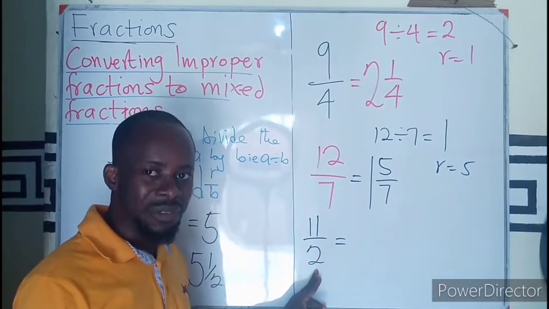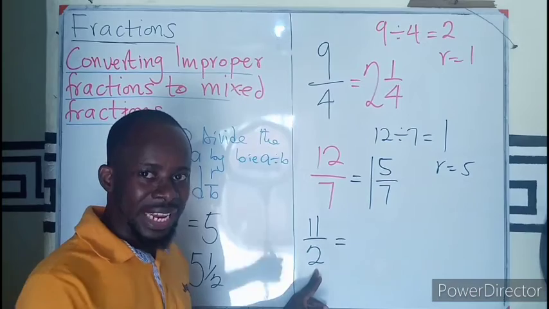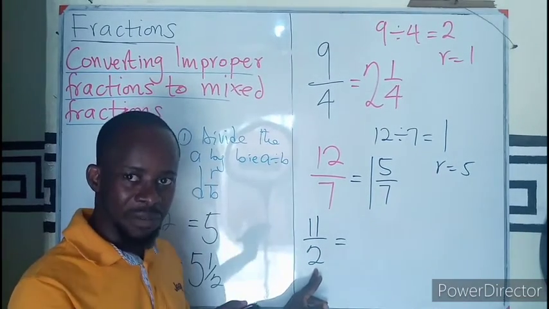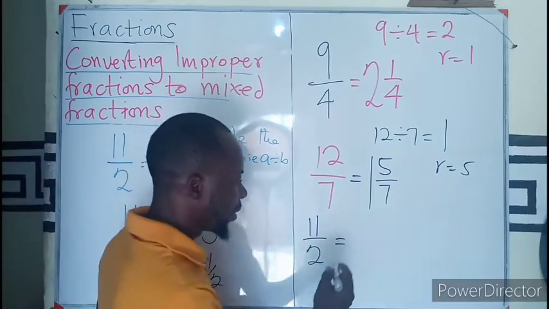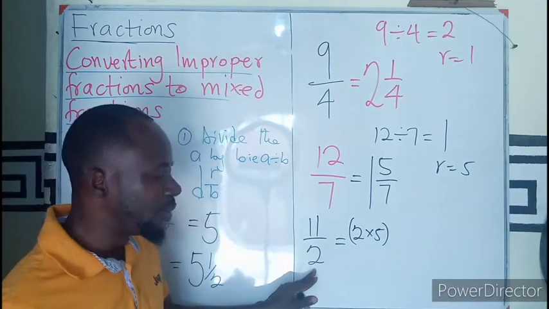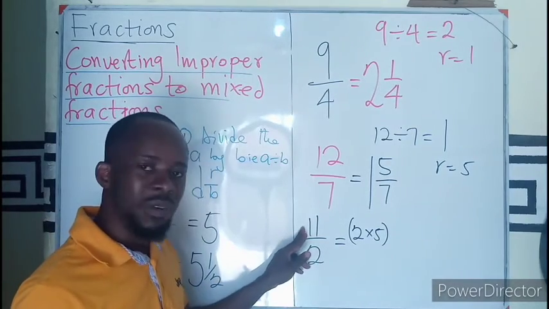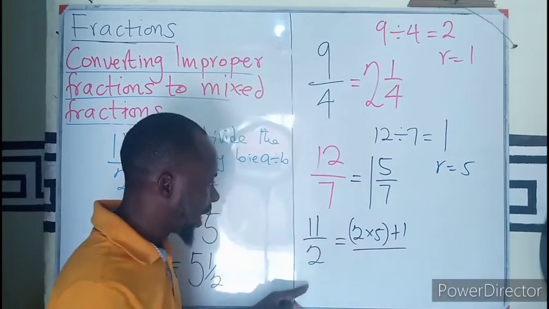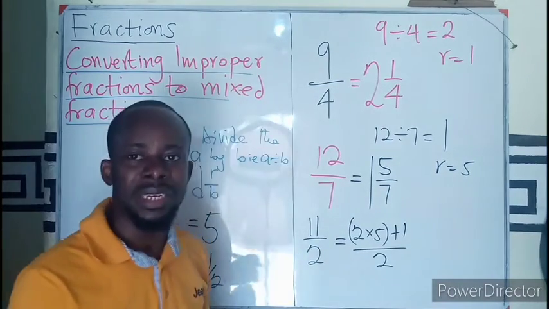So 2 times 5 gives me 10. 10 is closer. The next will be 12, which is bigger. So I'll keep my 5. 2 times 5 gives me 10. But I am looking for 11. So the remainder will be plus 1, then our 2 stays.